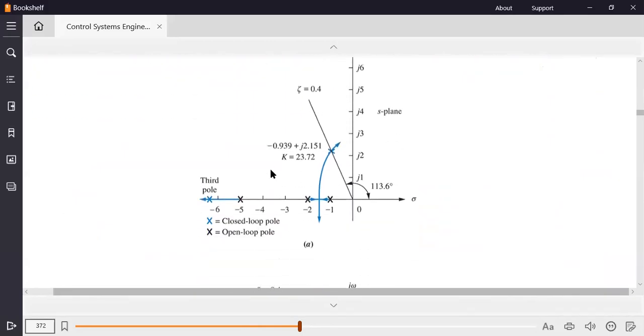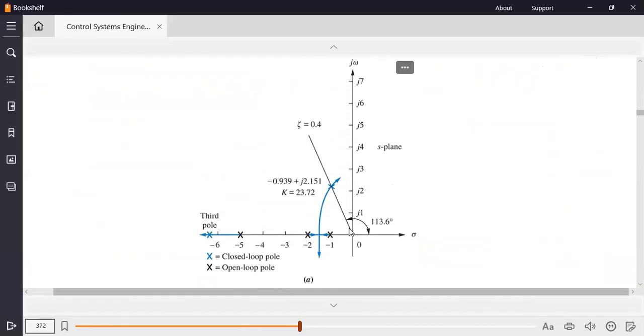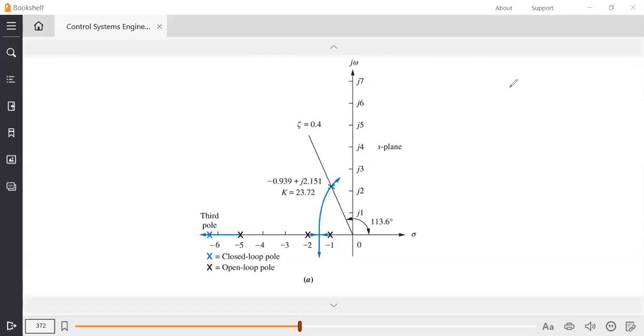This is your uncompensated system, and this is how it looks, the existing root locus. Say we are not happy with this particular point with your zeta of 0.4. We want to go somewhere else. So how can we go somewhere else by changing the root locus? This is our ultimate target.